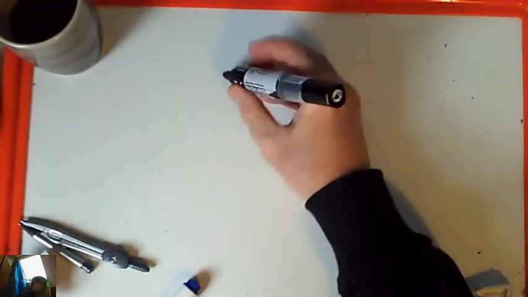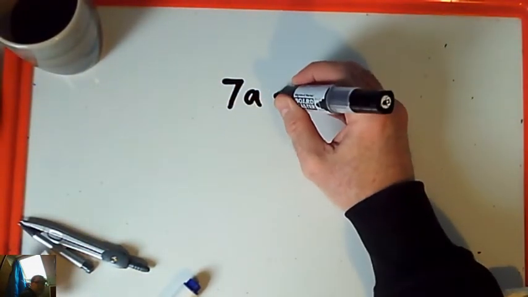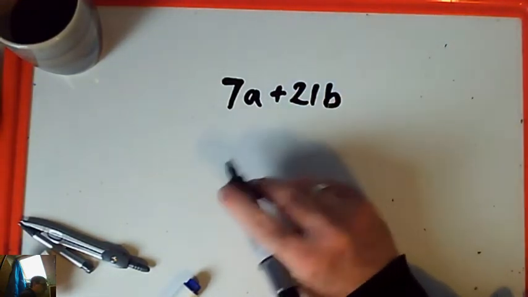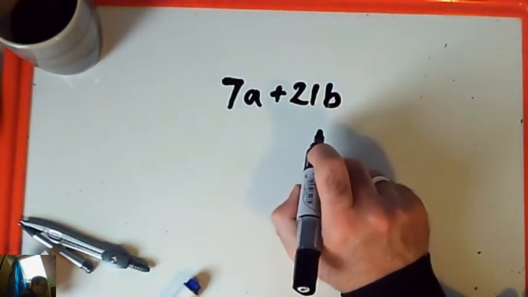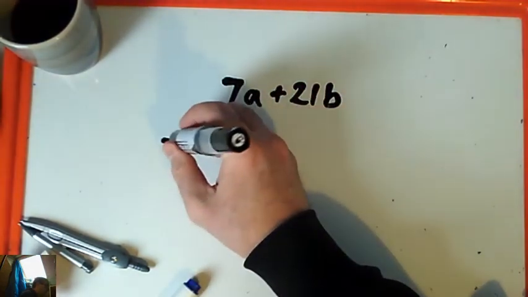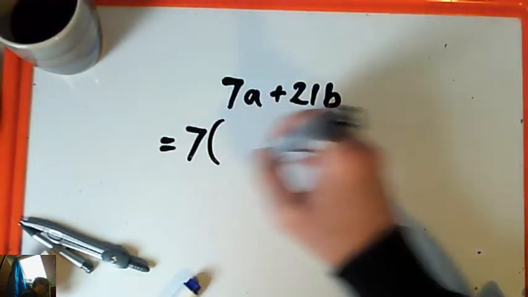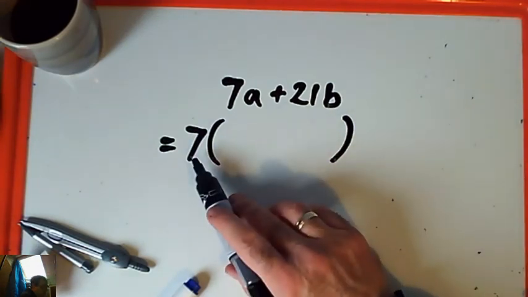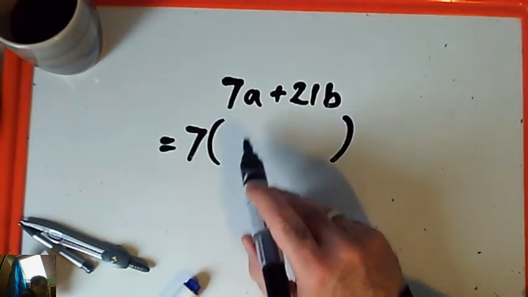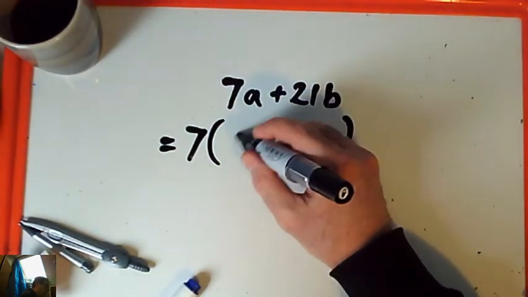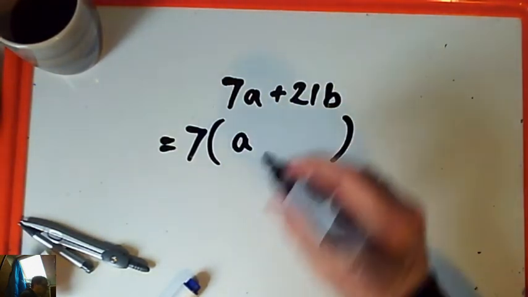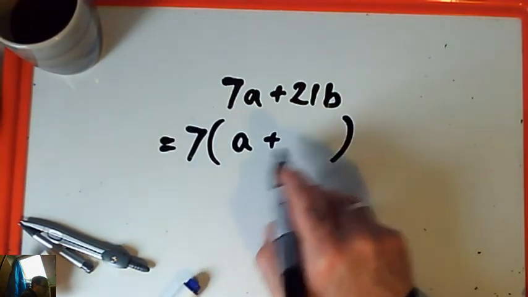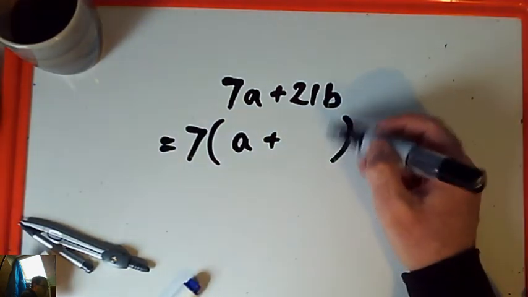The next one says 7a plus 21b. Now the biggest thing I can divide 7 and also 21 by is 7, so I can take 7 outside the brackets and then say what inside the brackets do I need to multiply 7 by in order to get 7a? So the answer is just an a, and then plus what inside the brackets do I need to multiply the 7 by in order to get 21b?